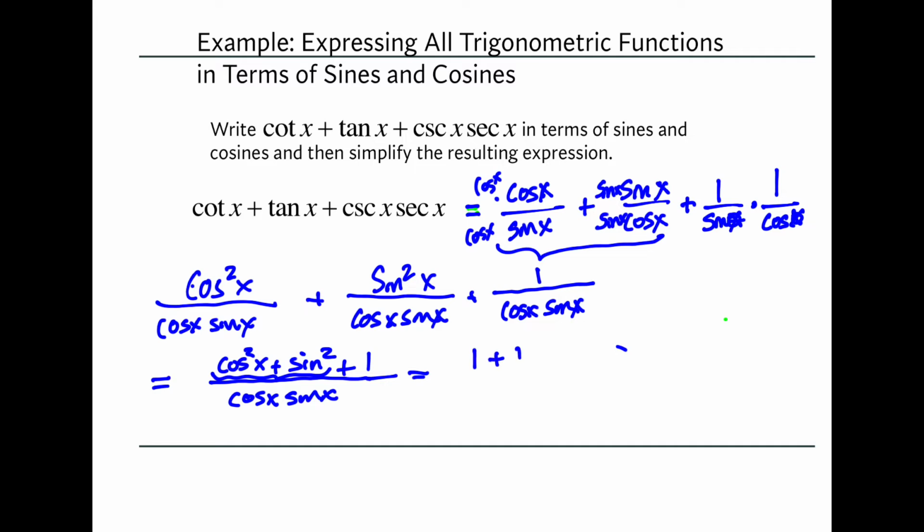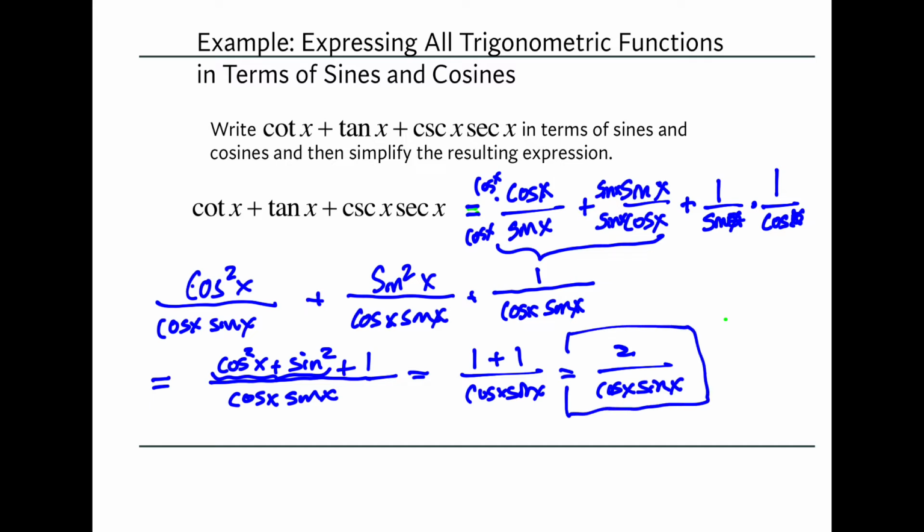So now I have 1 plus 1 over cosine x sine x, which gives me 2 over cosine x sine x. I've put all of these into one fraction now, and I simplified the top by quite a bit. One fraction, there's nothing more I can do here really, with cosine and sine.